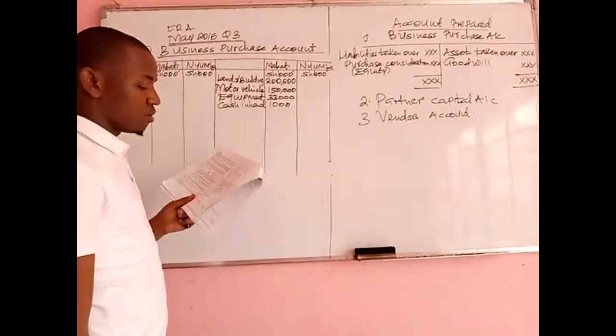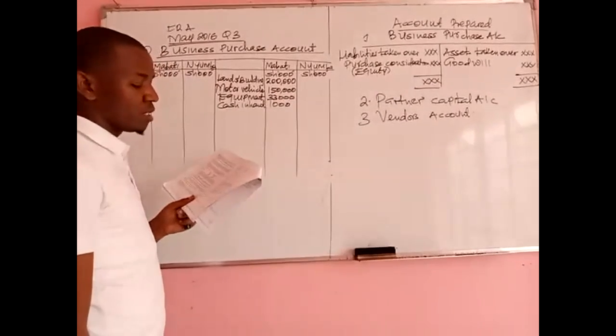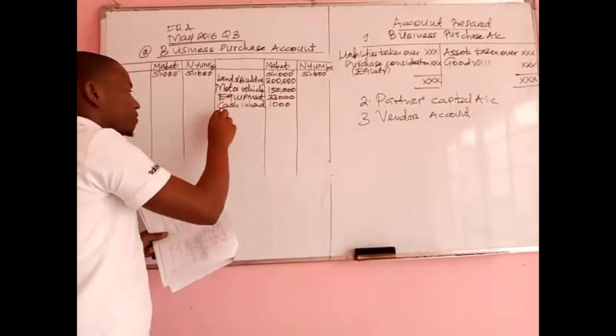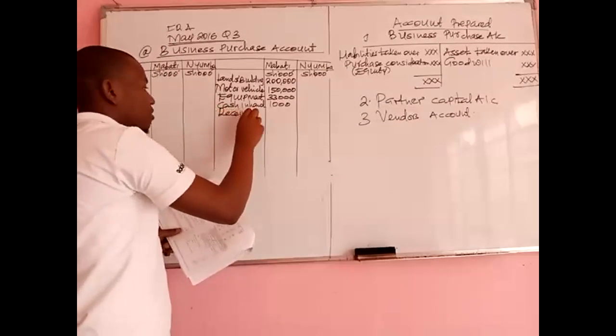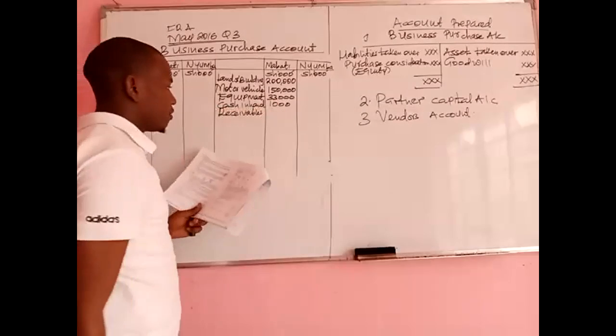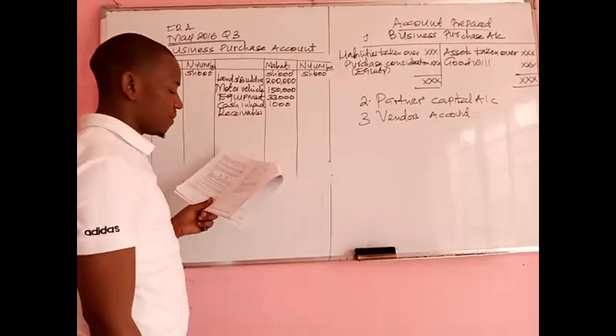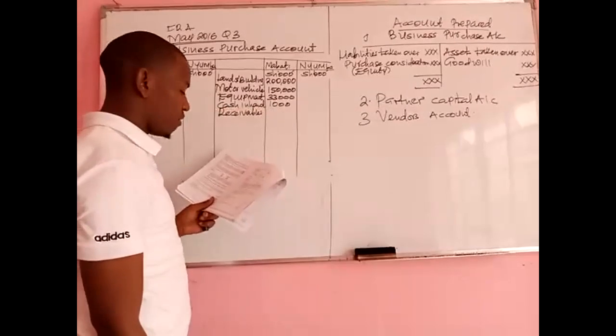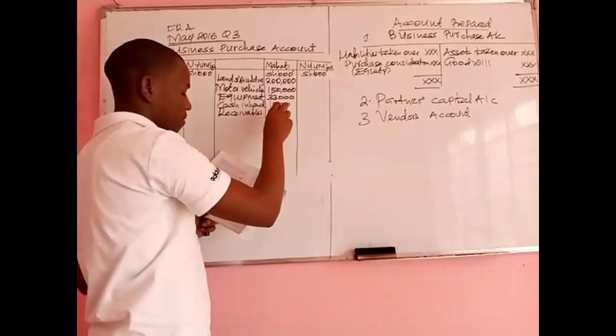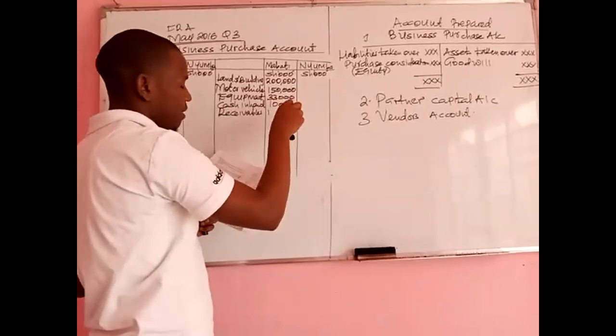We were also told that he took his share of account receivables. What was his share? Receivables, 120.